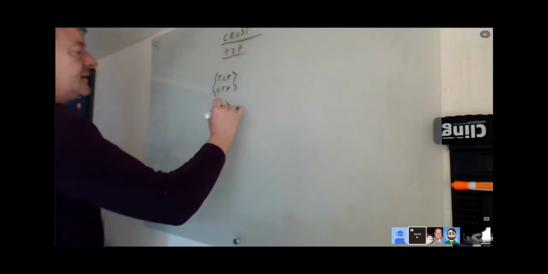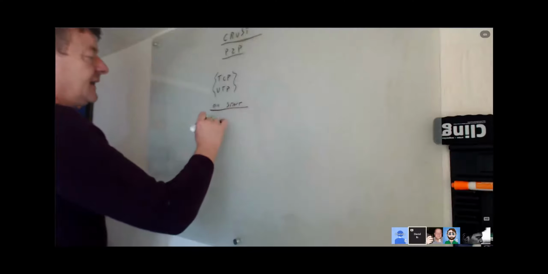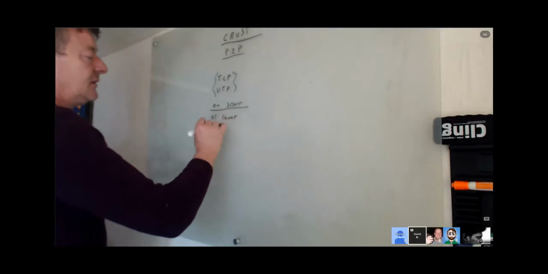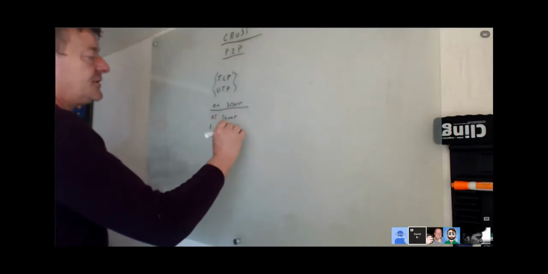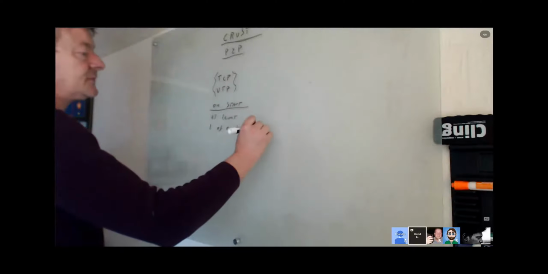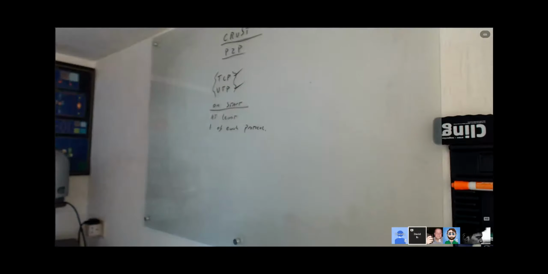So on start, it's going to have to connect at least one of each protocol. So at least one TCP and at least one UTP thing would have to be started there.